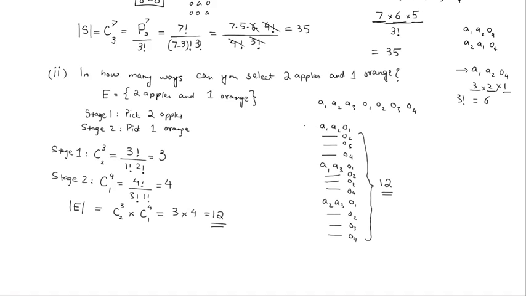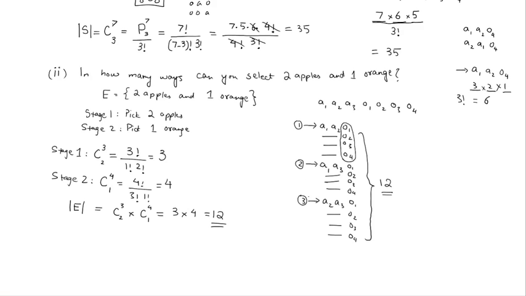Look at how many combinations you had. You had one combination, A1, A2 of 2 apples, and you had another combination, A1, A3, and you had a third combination, A2, A3. Combination 1, combination 2, combination 3. For each pair of apples, you had 4 ways of selecting an orange. You had 4 oranges, you needed to pick one, you could have picked any one of them. So there are 4 ways.